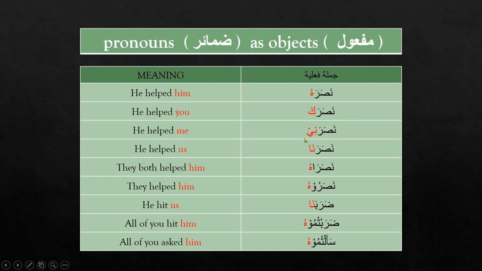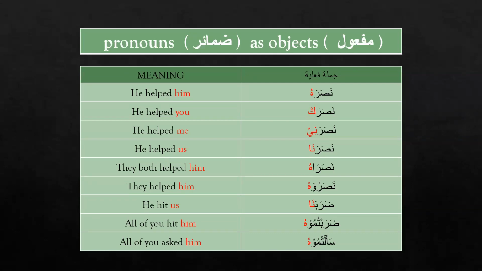Next word is nasarani. I already mentioned one thing again, that for ana, there are two versions, ee and nee. For Jumla Ismiyya or for the ism, when we attach the attached form of ana, we will add only ee for the ism and nee for a fi'l, just like Nasarani.